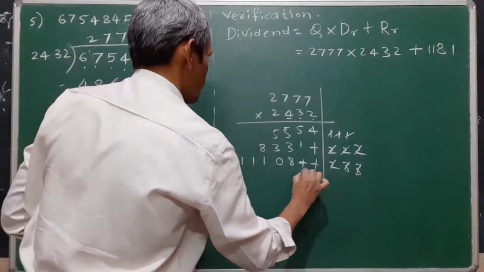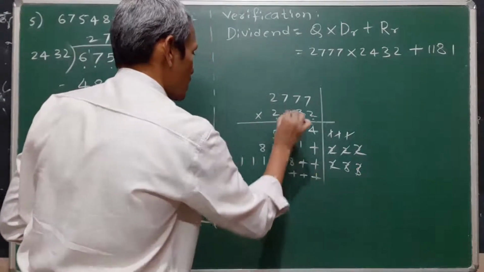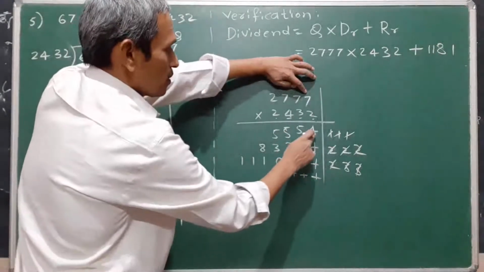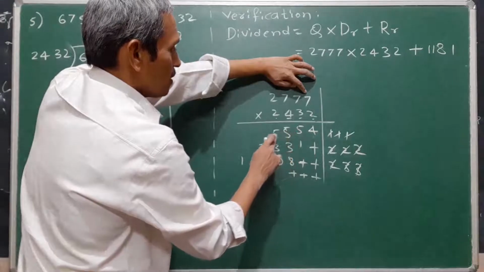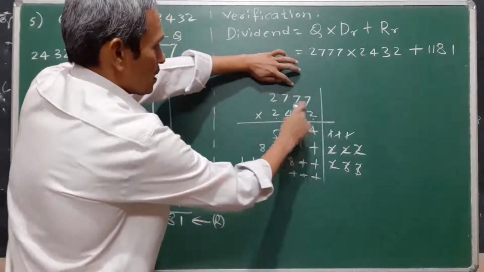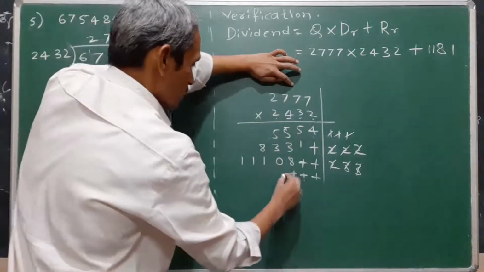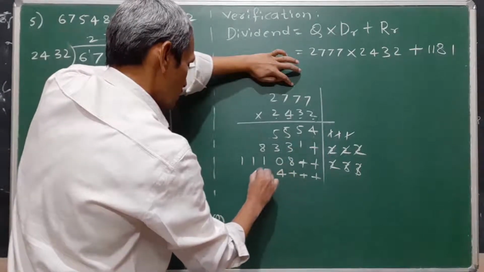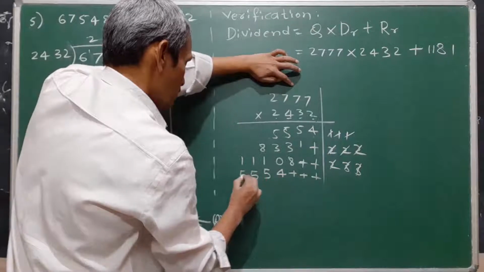Now we will multiply by 2. Once again we will get this one only, 4, 5, 5, 5. Here we have multiplied by 2, no? Same result we will get, that is 4, 5, 5, 5.